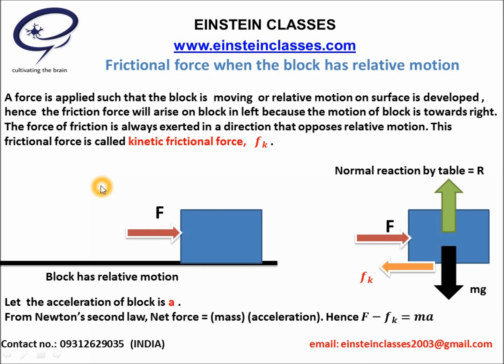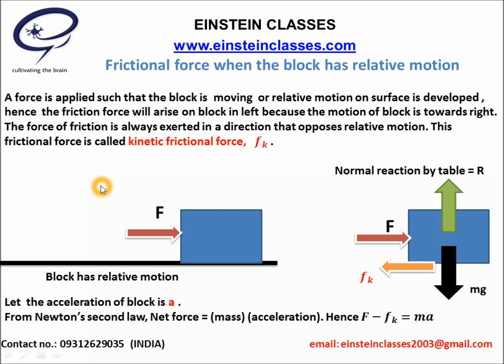Once again we are going to revise the main concepts of this session. The first concept is very important. It is not true that whenever the surfaces in contact are rough, a frictional force at the point of contact will arise. The frictional force at the point of contact between two rough surfaces will arise when there is some tendency of relative motion or there is some relative motion.